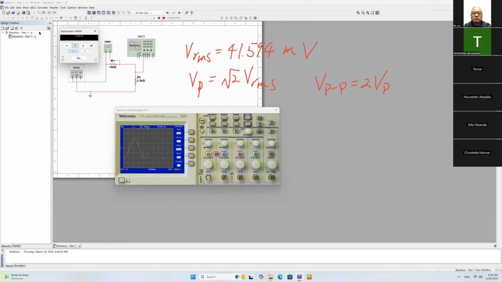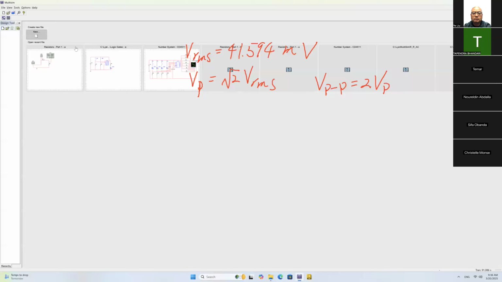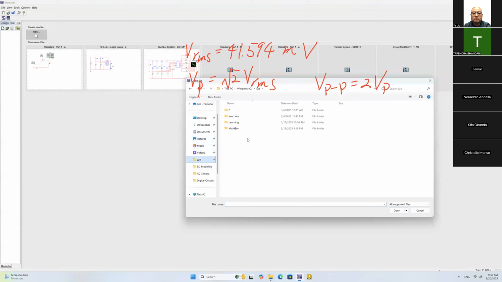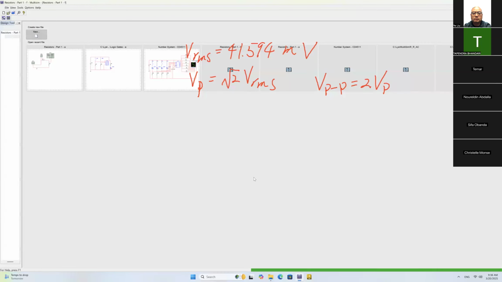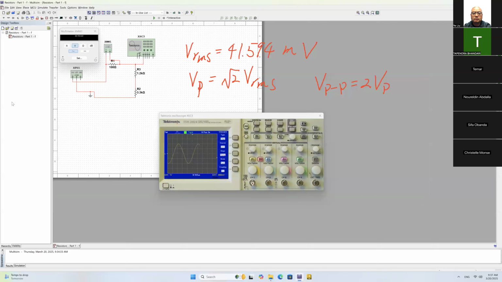Now this is the part from step 5: a 100 ohm resistor, a 1.2 kilo ohm resistor, then a 3.3 kilo ohm resistor. This is also the multimeter. Run this one.